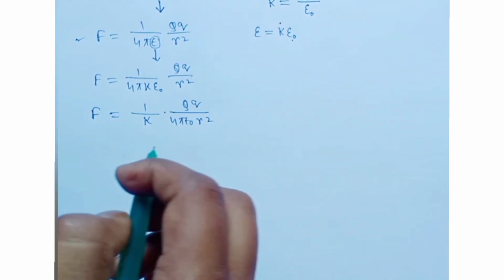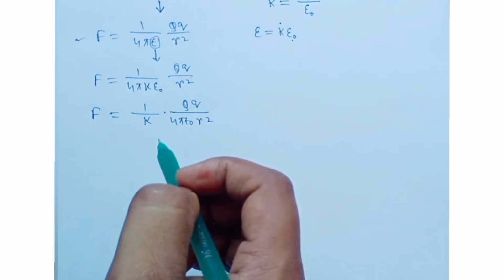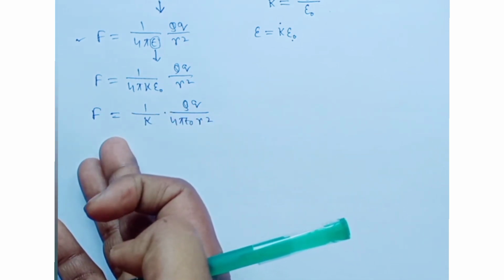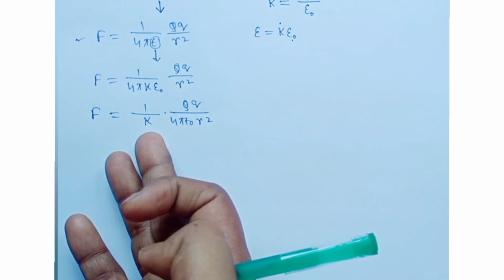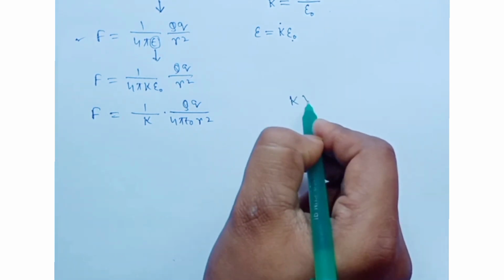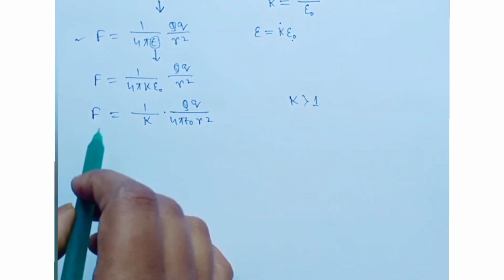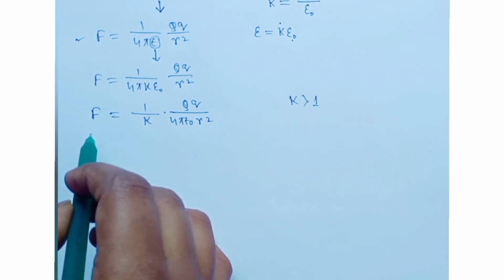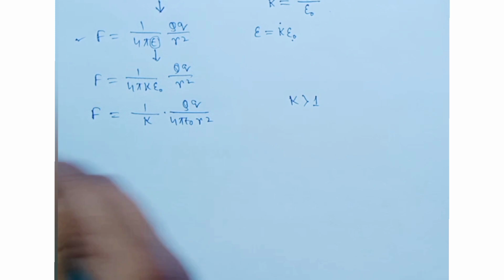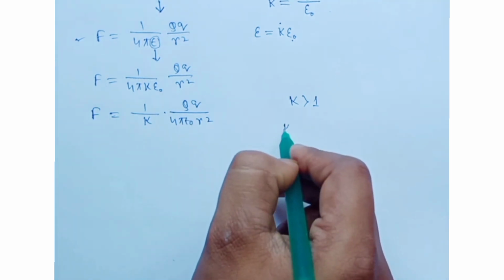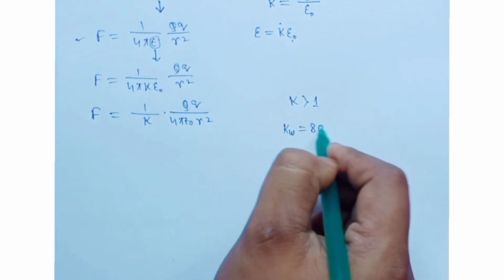So we can see that for any medium, the amount of electrostatic force becomes 1 by K times, where K is the dielectric constant of this medium. Now K is always greater than 1, therefore the electrostatic force decreases whenever we move the system from air medium to another medium. For water, K is around 80.